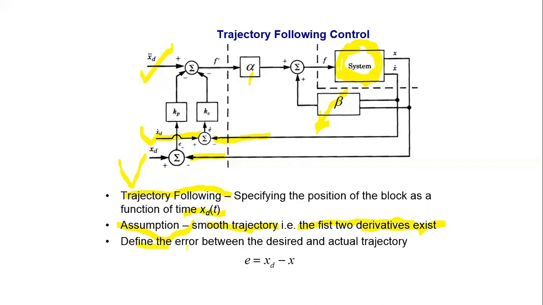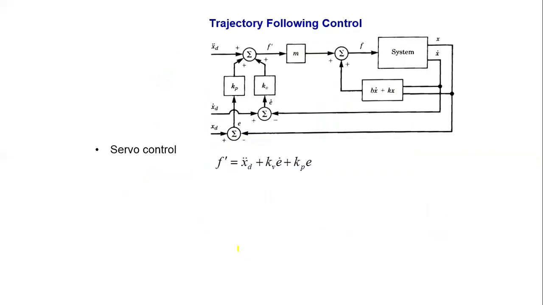If you define the error between trajectories as e equal to xd minus x, then this f dash equation will be equal to xd double dot plus kv e dot plus kp e.